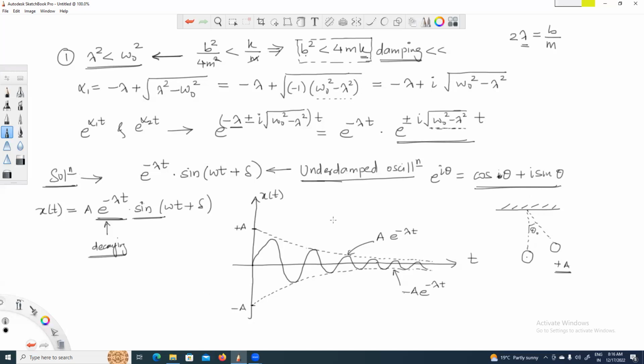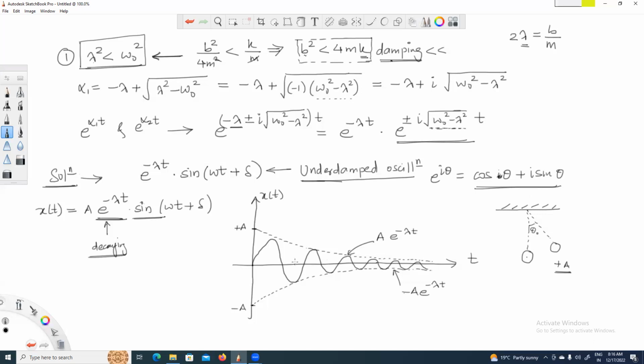Remember the condition: the damping is smaller compared to the other forces in the system. Because of slow damping, your amplitude decreases at slow rates, and meanwhile your system keeps oscillating, right? So this is called underdamped oscillation.